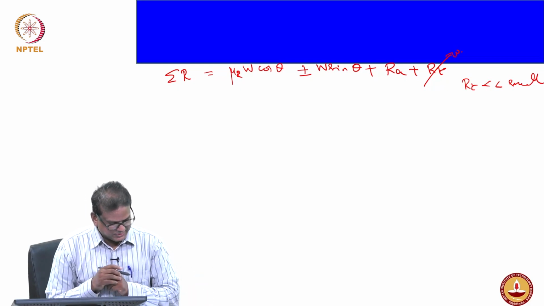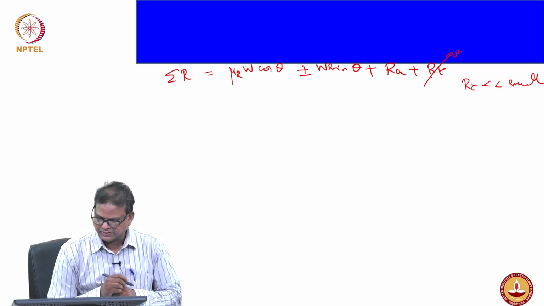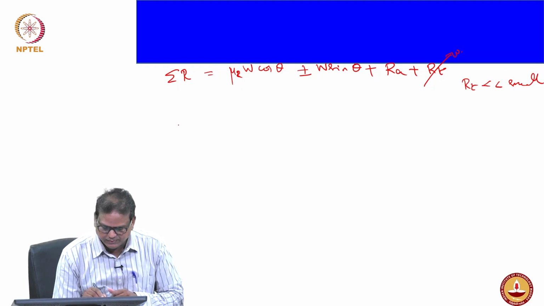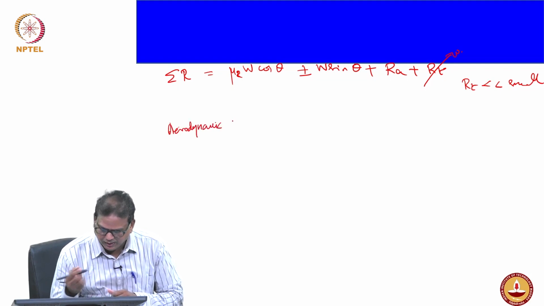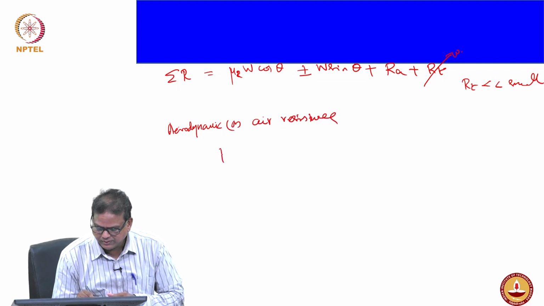I want to explain the RA aspect. This RA is the aerodynamic resistance, or air resistance, right. What is it?